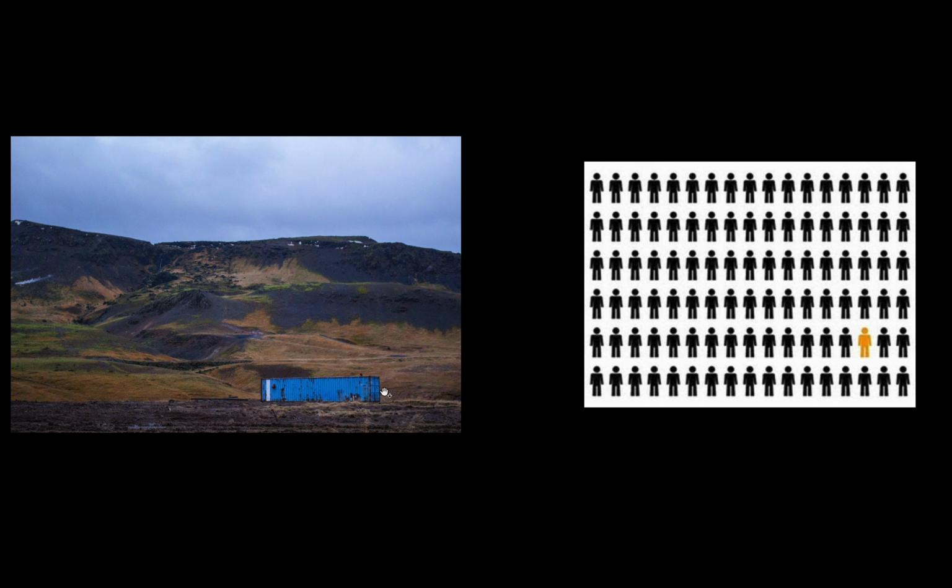And of course, as we discussed earlier, there's a contrast here of this very inorganic shape of the shipping container to its surrounding, which is very natural and organically shaped. The shipping container is super saturated compared to the more muted colors of the background.